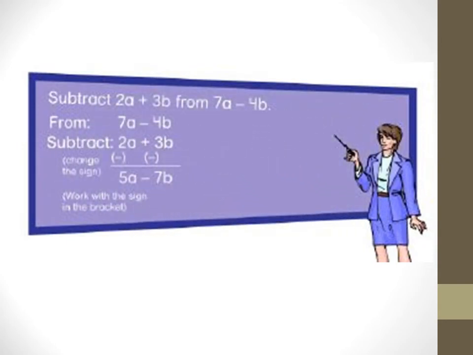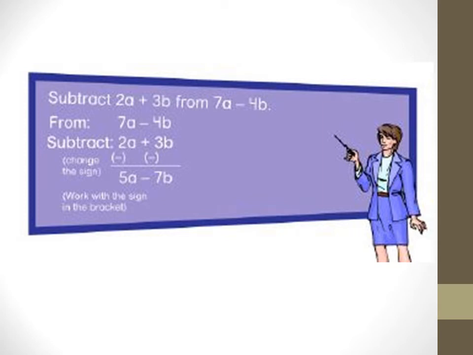So now, what if we have two expressions of two different variables? Look at the question. We have to subtract 2a plus 3b from 7a minus 4b. So the first expression and the second expression both have two different variables a and b.